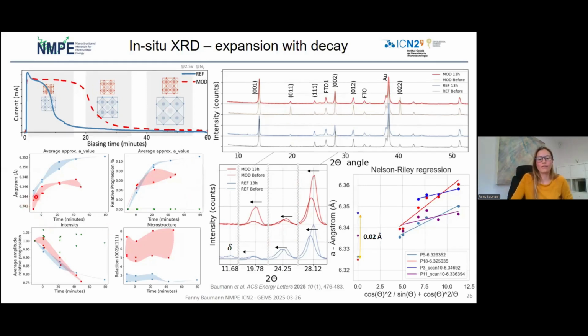And we can approximate through the Nelson-Riley regression that this expansion of the reference is around 0.02 angstrom in the lattice parameter a, and in the modification, it's around half.